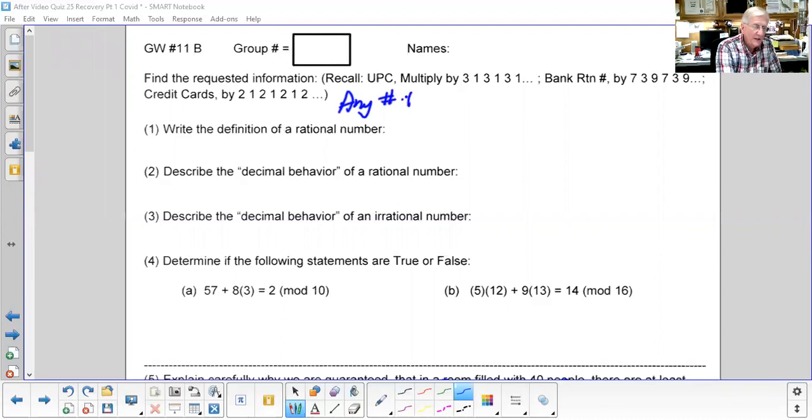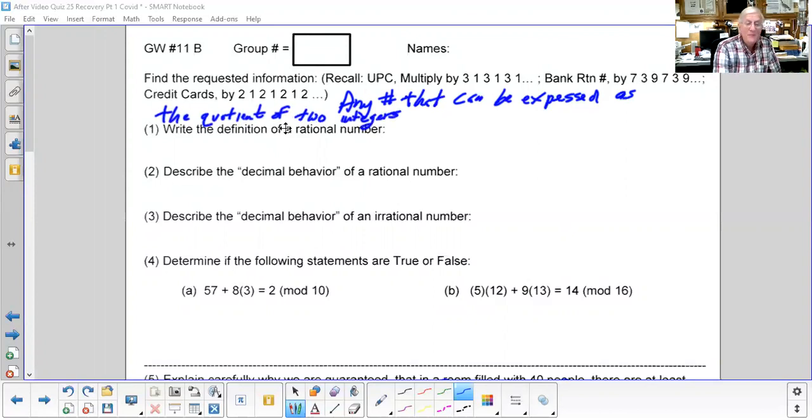Any number that can be expressed as the quotient, you could also say division, of two integers, and you've got to remember it's integers because the rationals can be negative numbers, in the form A over B, B cannot be equal to 0.